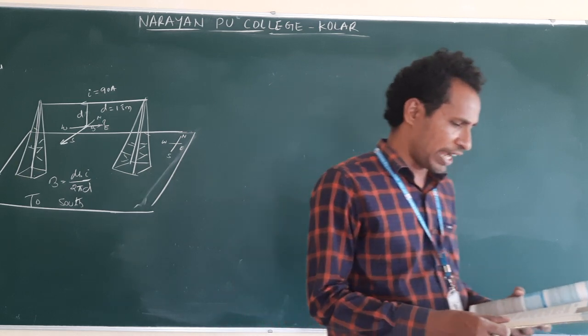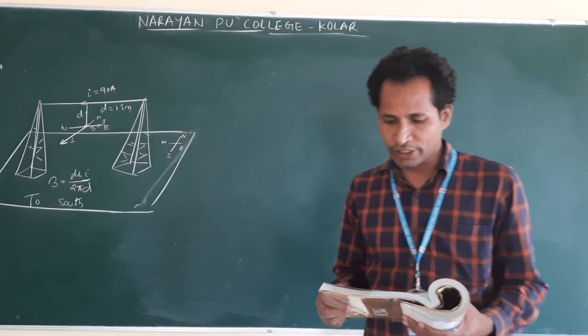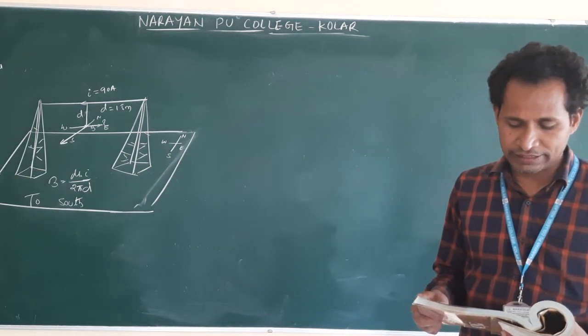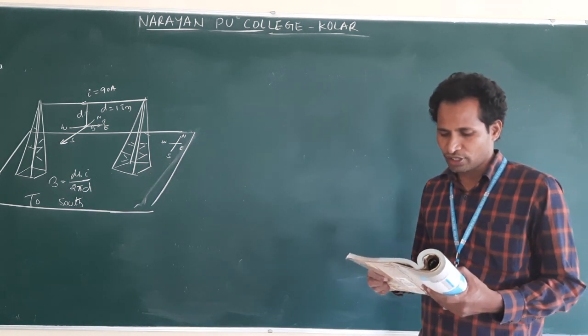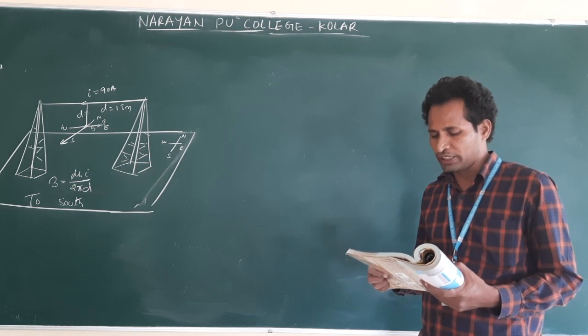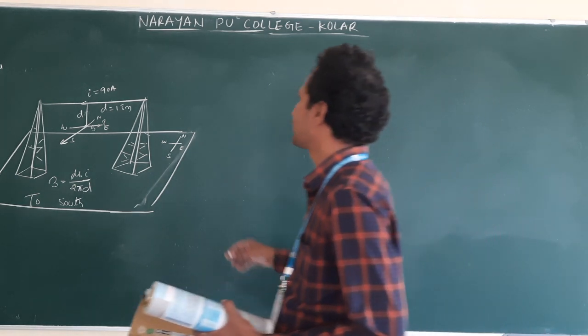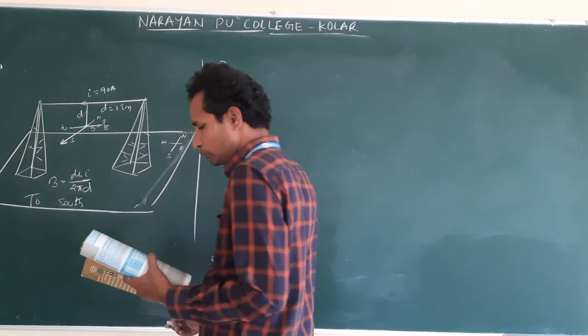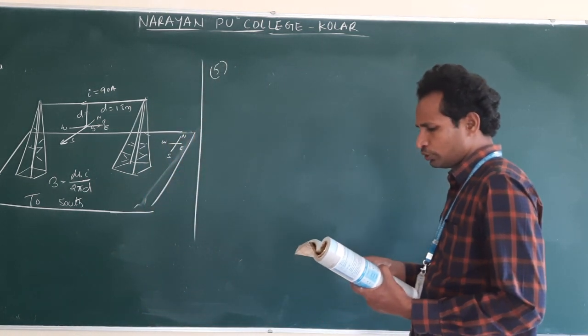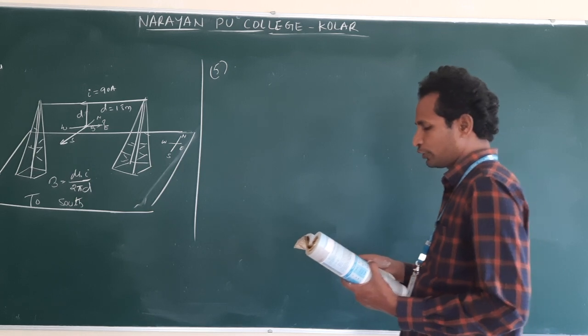Fifth question. What is the magnitude of magnetic force per unit length on a wire carrying a current of 8 amperes making an angle of 30 degrees with the direction of the uniform magnetic field 0.15 Tesla. Now, fifth question. What is the magnitude of magnetic force per unit length?